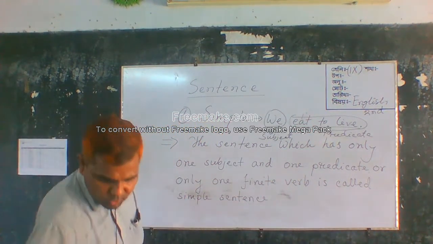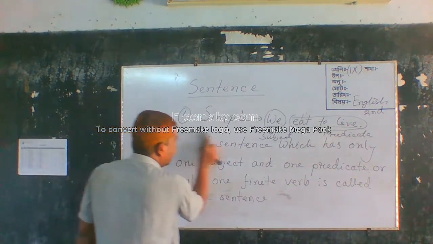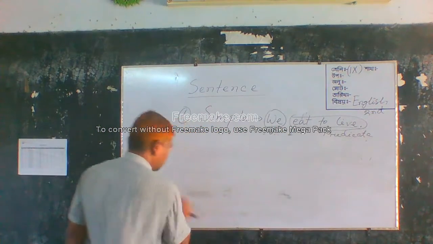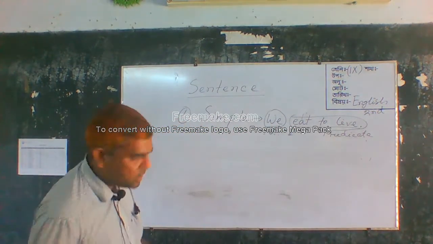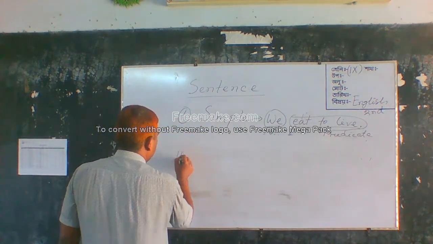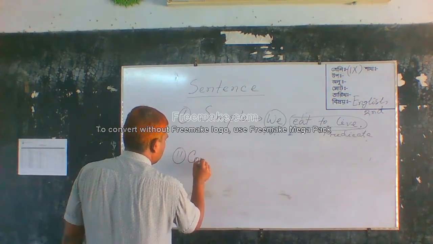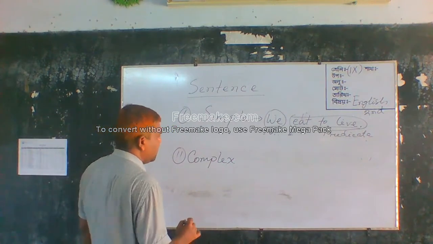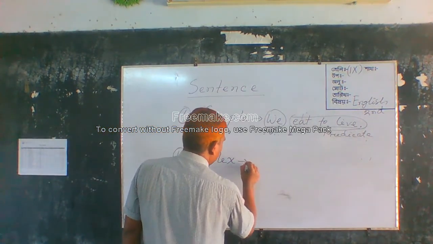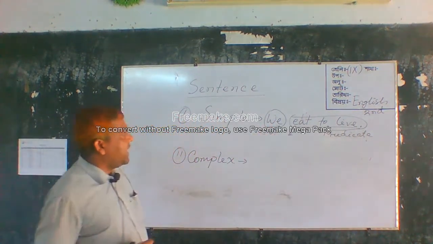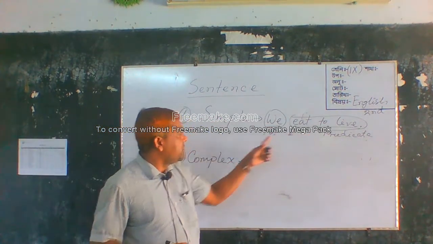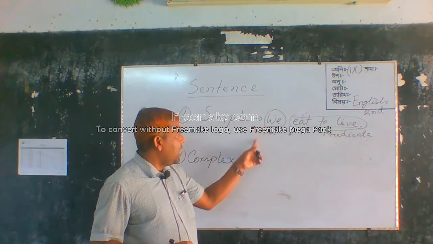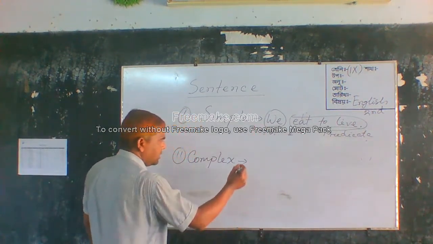Let's go for the next sentence. Complex. We can make the simple sentence into complex. How? Notice it clearly.